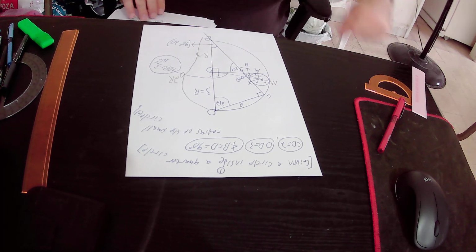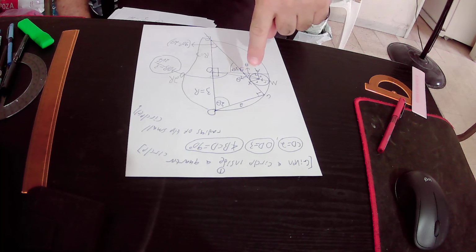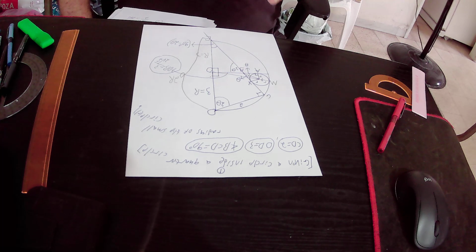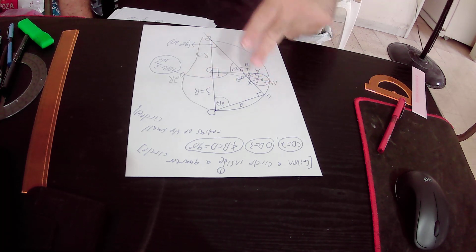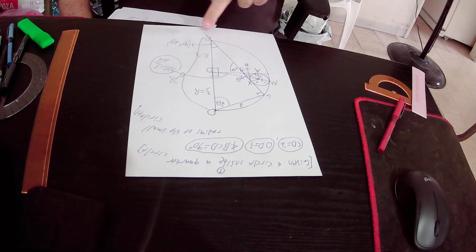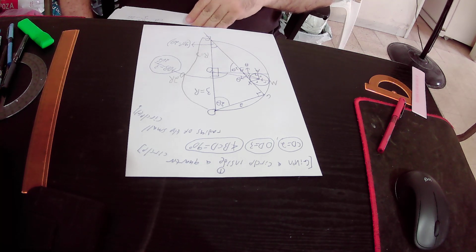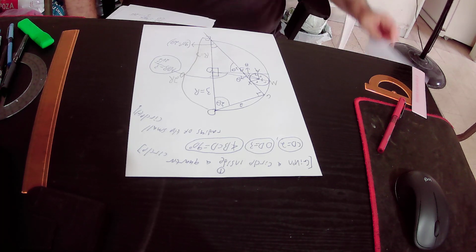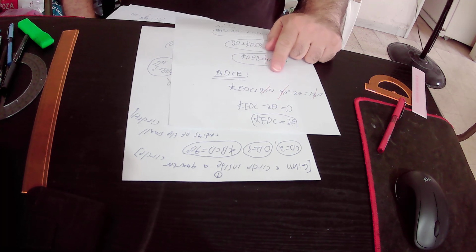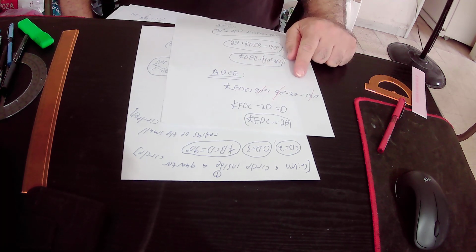And then we focused on the right triangle, the big triangle ECD. We know that the sum of the angles in any triangle, and especially in triangle ECD, equals 180 degrees. Okay, so the size of this angle plus 90 degrees plus 90 degrees minus 2 theta must be equal to 180 degrees.